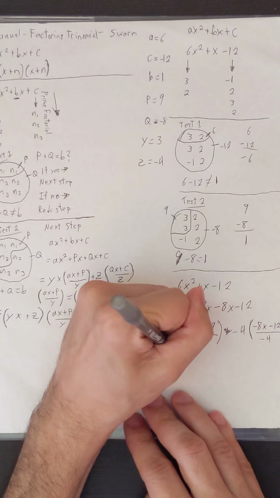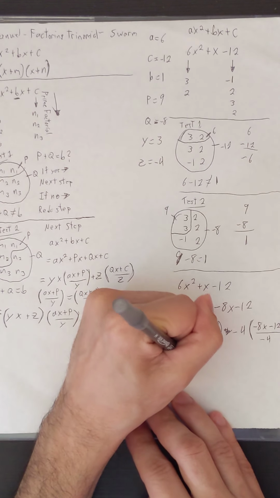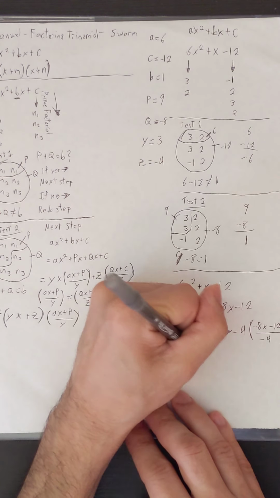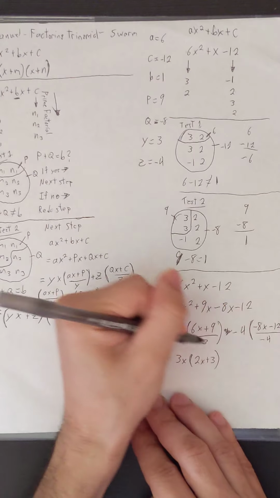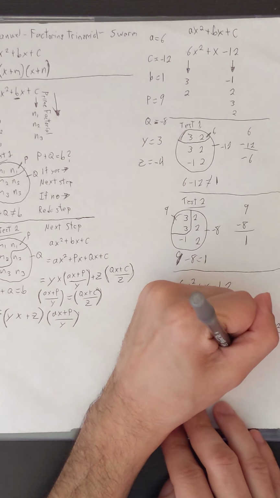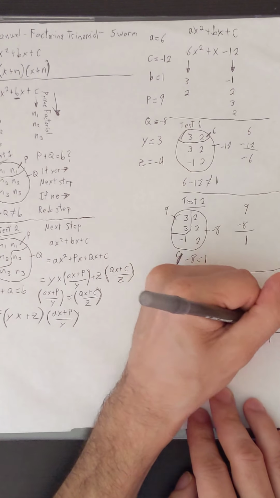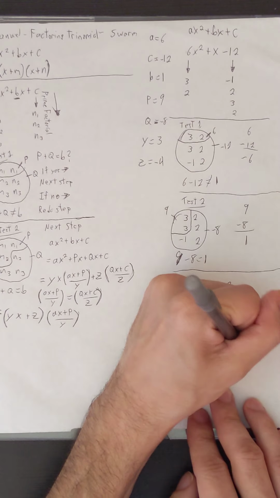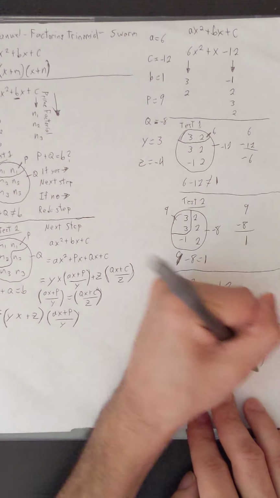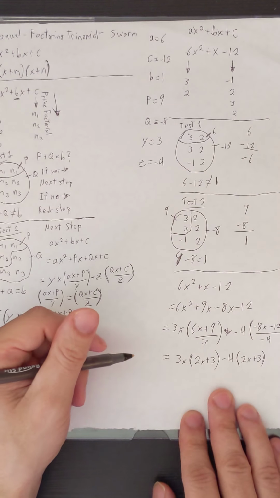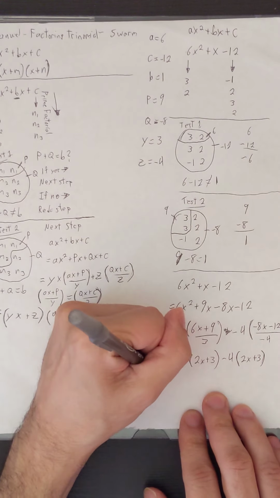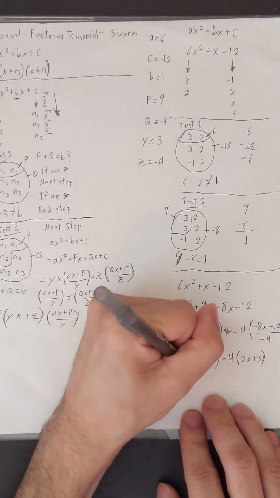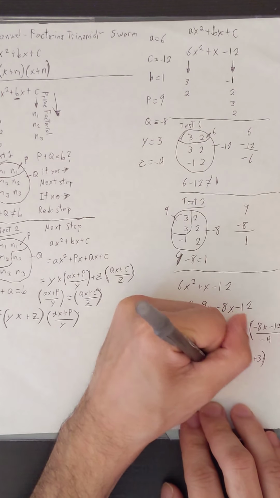Okay, so 3x times 2x plus 3. So we can get rid of the denominator altogether. Minus 4 times 2x plus 3, because that's divided by negative 4. Okay, so those are equal. And wouldn't you know it, 2x plus 3 is obviously equal to 2x plus 3. They're the same term, right?